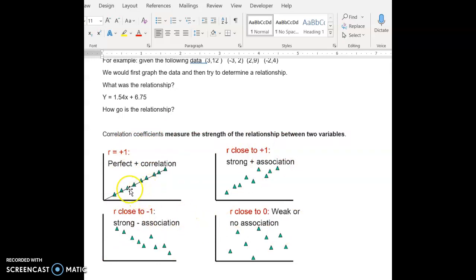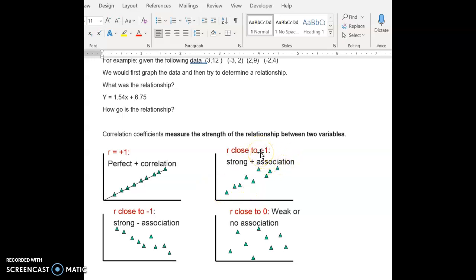correlation coefficient, if all of the numbers on the scatter plot fell right on the line and they were perfect, then you would have a correlation coefficient of 1. So perfect is 1. If the line is going in the positive direction, it's a positive 1. If the line is going in the negative direction, then it would be negative 1. If the points are sort of close, but not all on top of it, then it would be a number close to 1.